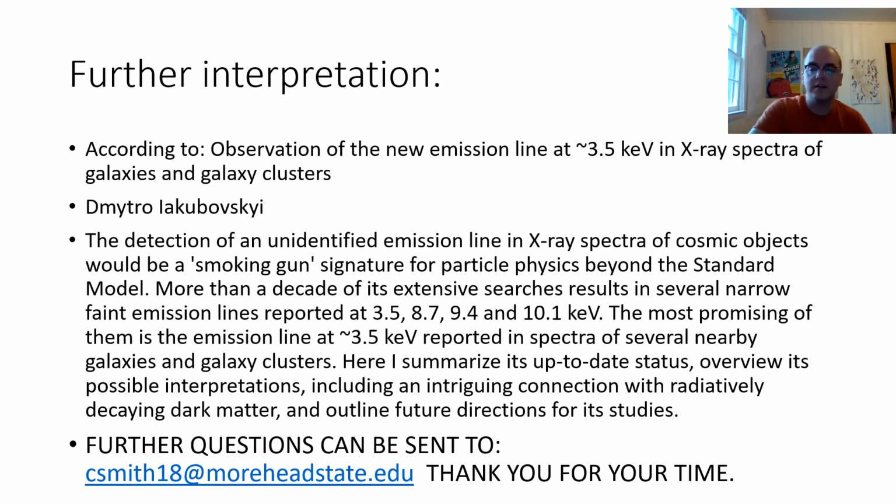Now, it doesn't discuss the 5.3, but it does say that the X-ray spectra in approximately 3.5 kiloelectron volts reported in several nearby galaxies and clusters are a possible interpretation would be a connection between this and the disruption of the standard model of physics.